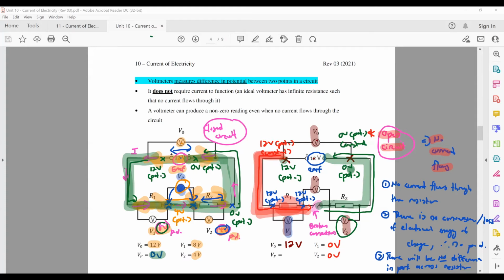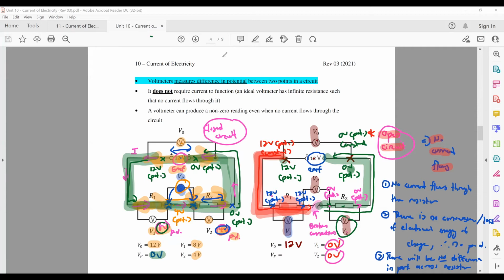And then over here is 0 volt potential. Over here is also 0 volts potential. Okay. So you see 0 volt, 0 volt, obviously this is 0. 12 volts, 12 volts, obviously this is 0.